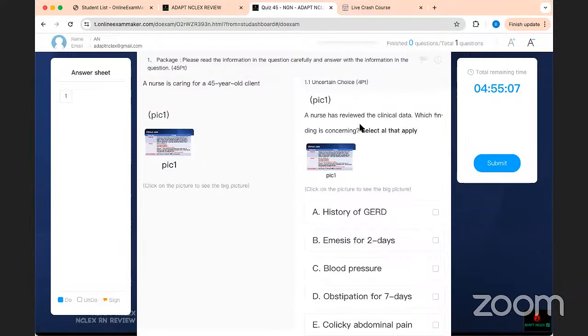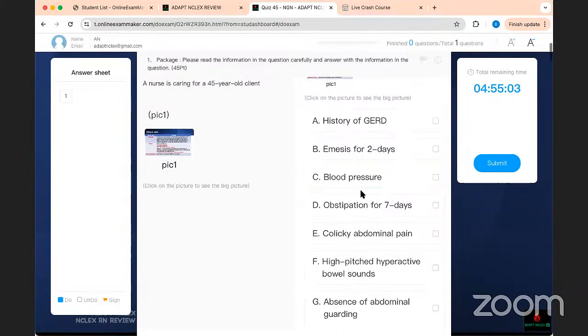Well, I want you to tell me which clinical finding is concerning. Based on what I've told you, does the history of reflux a problem? Patient has emesis, blood pressure, constipation for 2 days. Colicky abdominal pain, high pitch, hyperactive bowel sound, and absence of abdominal guarding.